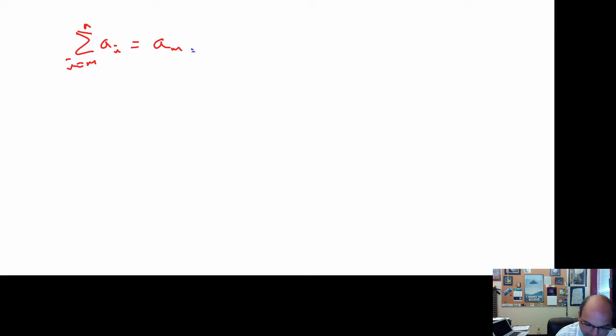Based on the definition of a geometric series, this is equal to a sub m plus a sub m plus 1 plus a sub m plus 2 plus dot dot dot up till we get to a sub n. Okay, so that's pretty easy.